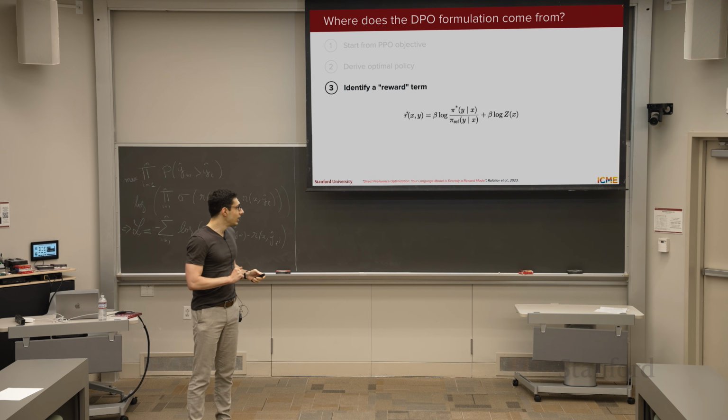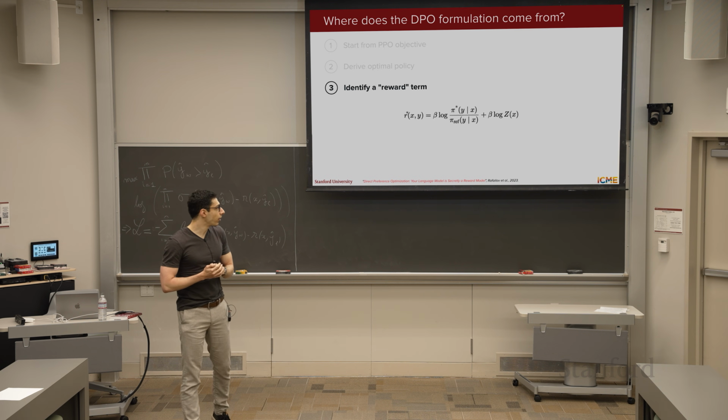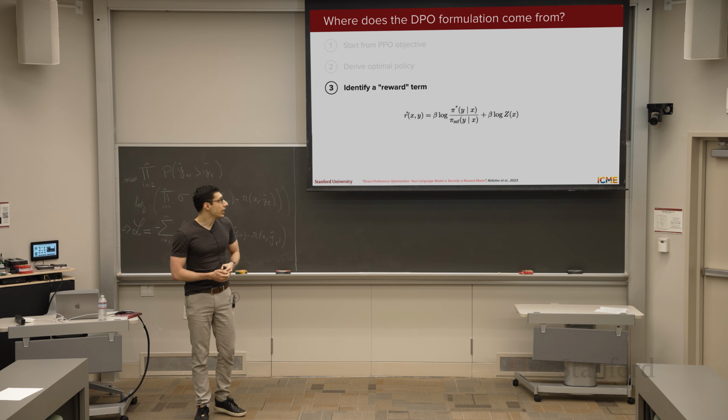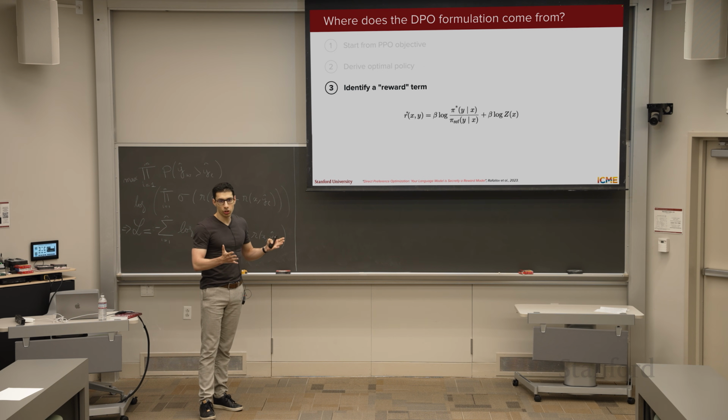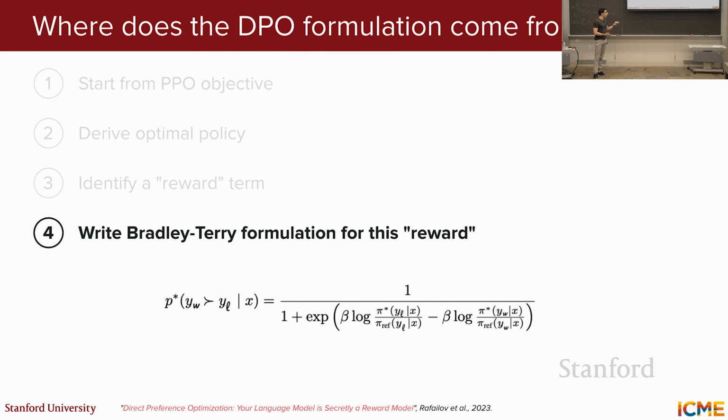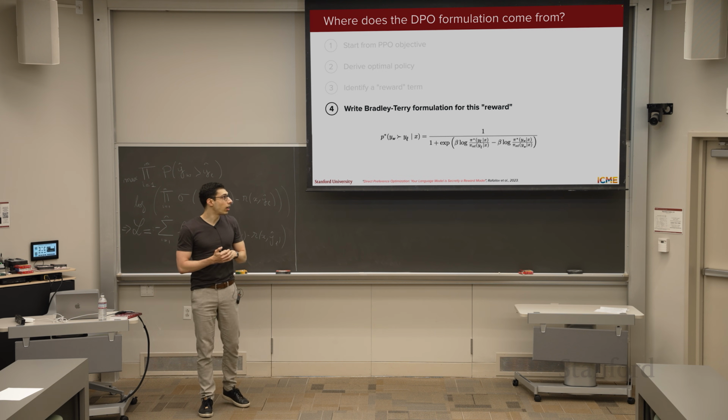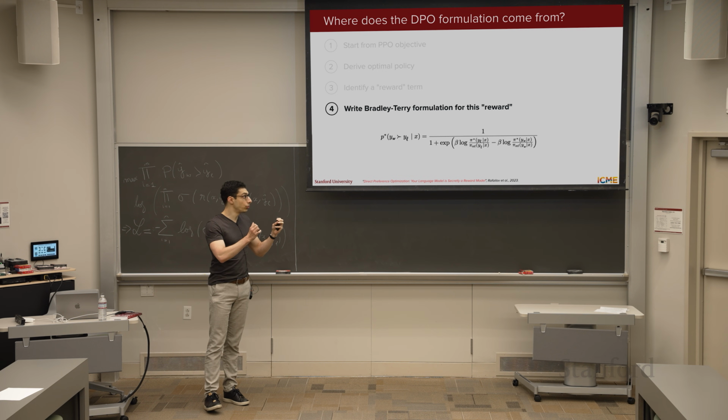And then the key part of what this paper did is recognize this term as some reward and express it as part of a Bradley-Terry formulation. So you remember you had this probability of a winning completion being bigger than a losing completion, and you had the sigmoid of the difference between the two r's.